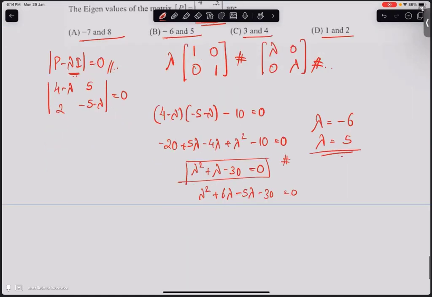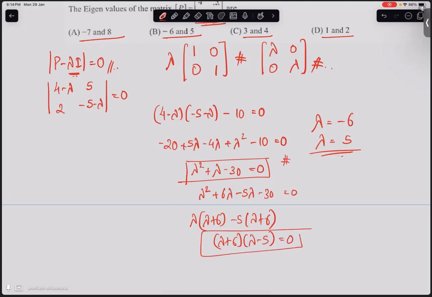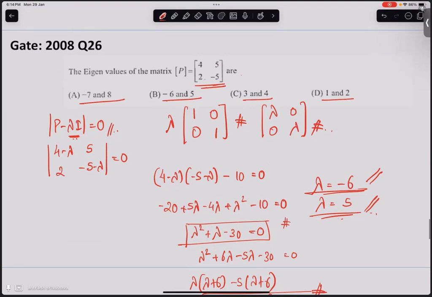We can do the factorization, λ + 6 and λ - 5, and you can get the values, right? We can write this quadratic equation in terms of these two root factors, and then we can get the value, right? So the eigenvalues are -6 and 5. So option B is the correct option.